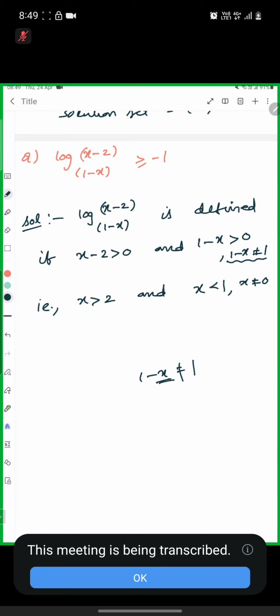That's why x is not equal to 0. So for these x values only, this function is defined.